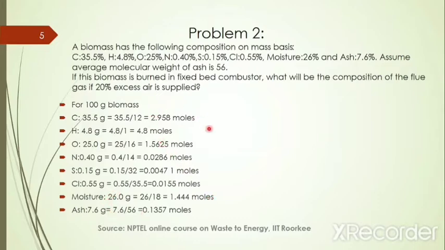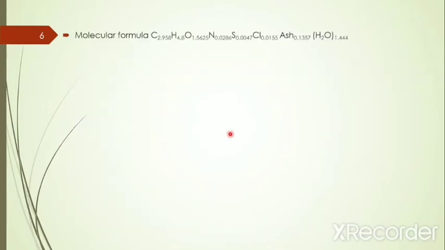Now we can represent our biomass in equation form. So that will be this: carbon 2.958, hydrogen 4.8, oxygen 1.5625, nitrogen 0.0286, sulfur 0.0047, chlorine 0.0155, and ash 0.1357, and moisture is 1.444.